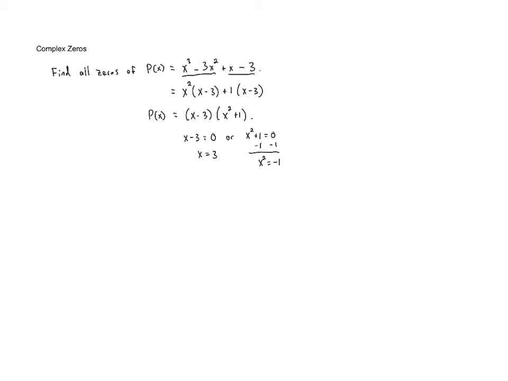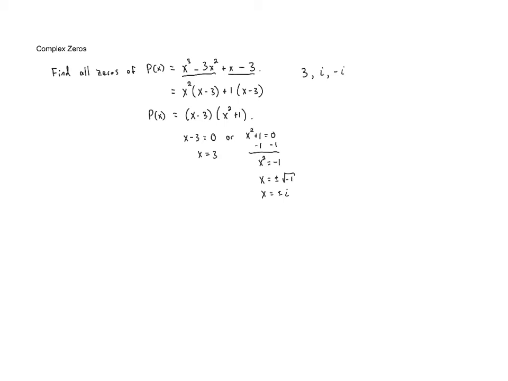And if we use the square root property, we take the square root of both sides, and we get plus or minus the square root of -1, which gives us plus or minus i. So the three zeros that we have here are 3, i, and -i.